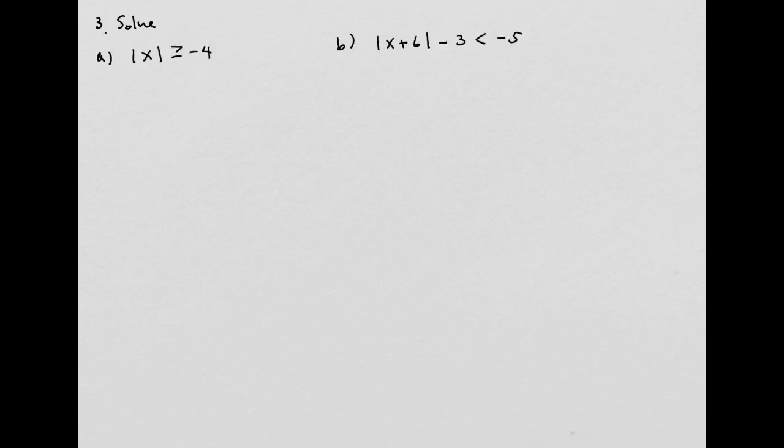Remember one of the questions we went over saying absolute value of x equals a negative number, let's say negative 3 maybe. And I told you this is going to be no solution because the absolute value cannot be equal to negative numbers, right? So x will have no solutions.